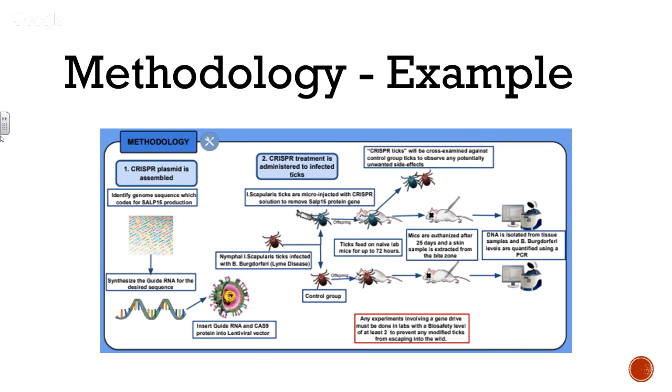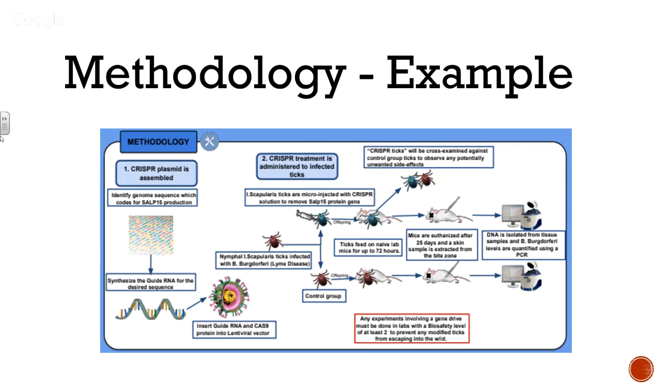Amongst those other things, we noticed that there was this protein called SLP15. You see that in the first section of the methodology. It was a protein that was immunosuppressive and inhibited the activity of some specific killer T cells from the human immune system. So since ticks feed on humans or any host, they release this protein found in their saliva into the host that inhibits the human immune system.